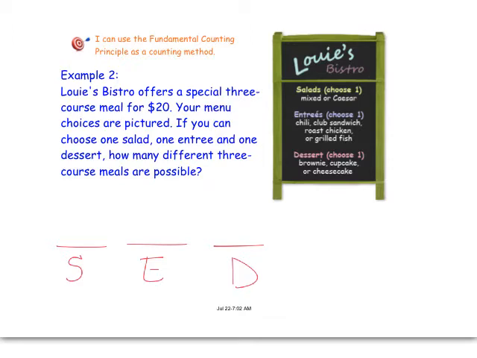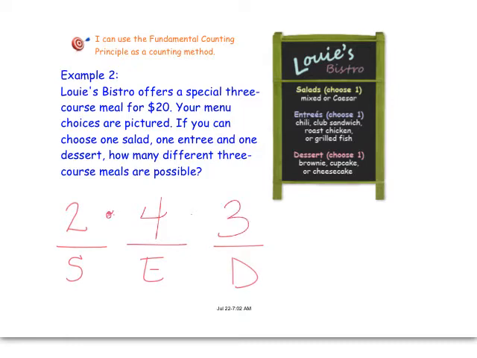So it looks to me like there are mixed or Caesar salads. So I have 2 choices for salads. For entrees, I can get chili, club sandwich, roast chicken, or grilled fish. So that's 1, 2, 3, 4 choices for entrees. And for dessert, brownies, cupcakes, or cheesecake. So I have 3 choices there for dessert.